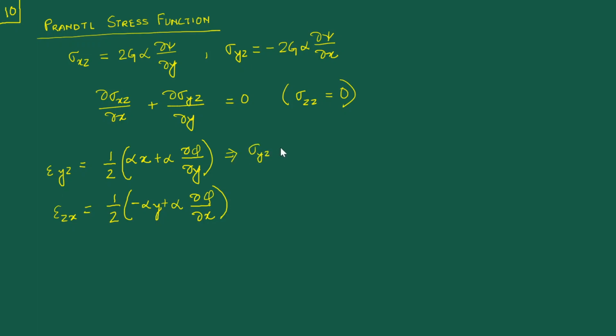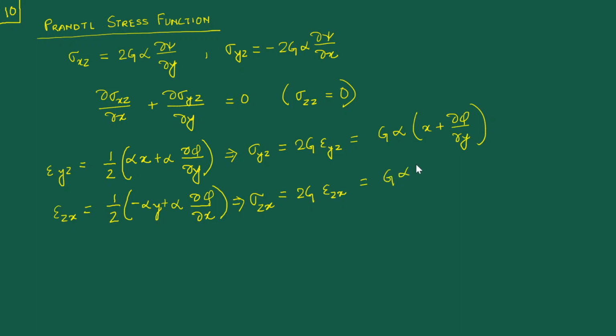Sigma yz is going to be equal to twice G epsilon yz, which means that I'll have G alpha, I'll take the alpha out of this bracket, x plus del phi del y, and sigma zx or sigma xz is twice G epsilon zx, so I'll have G alpha times minus y plus del phi del x.